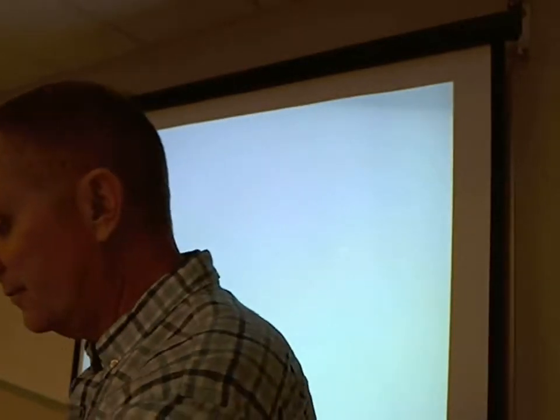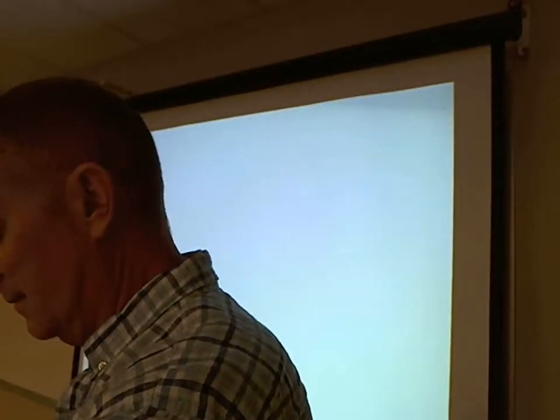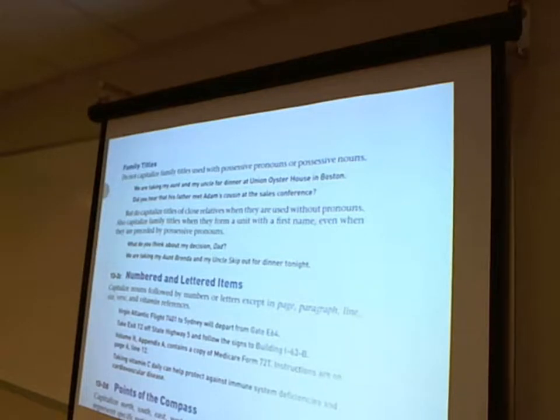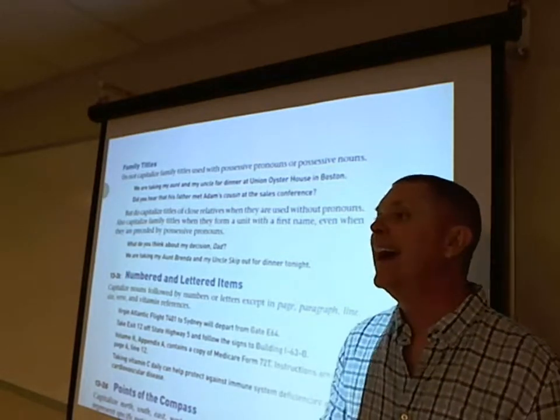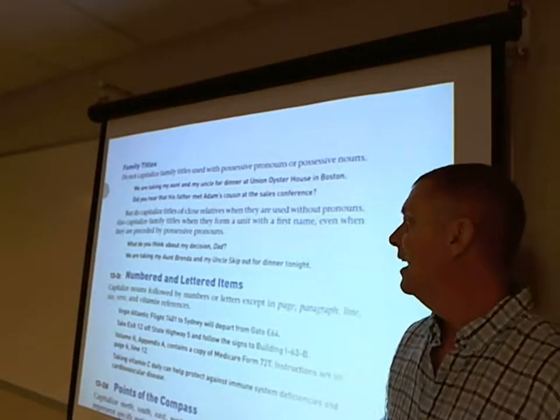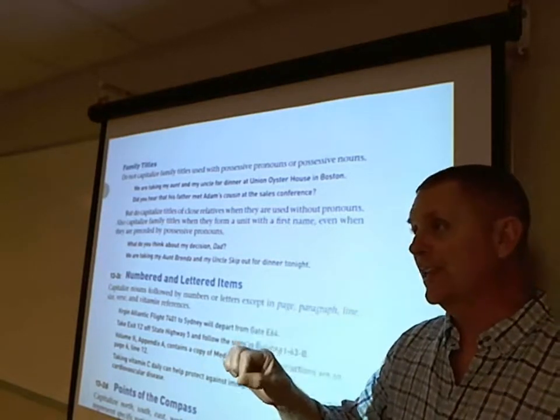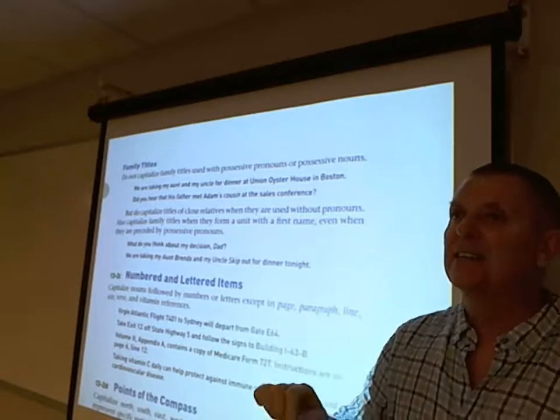Okay, family titles. Whenever I mentioned to you earlier that if you said my Aunt Susan, my Aunt Pat, my Uncle Ed, regardless of what I have introducing, if I use a first name, I'm going to capitalize Aunt, or my cousin William, I'm going to capitalize cousin. I'm going to capitalize father and mother when a first name is associated with it.